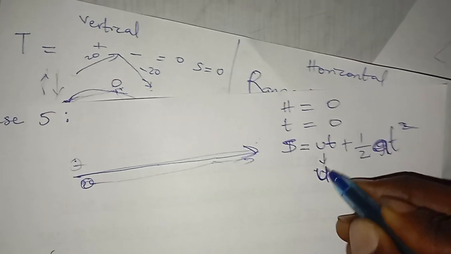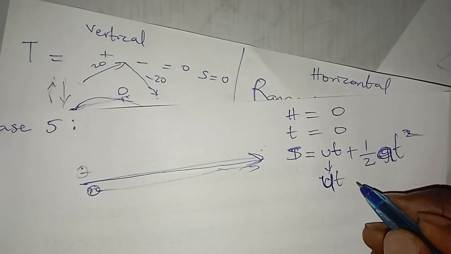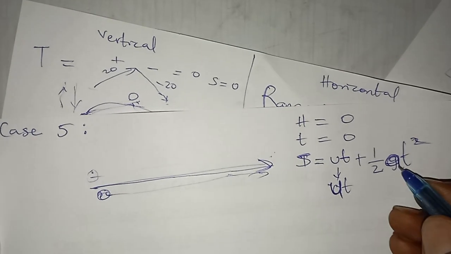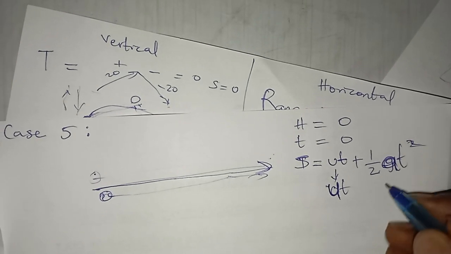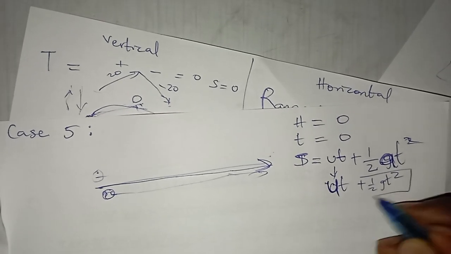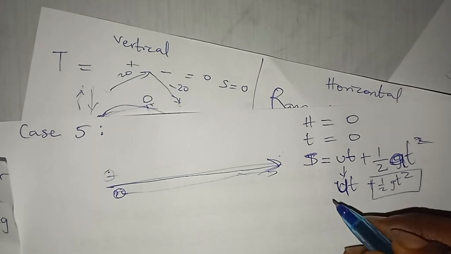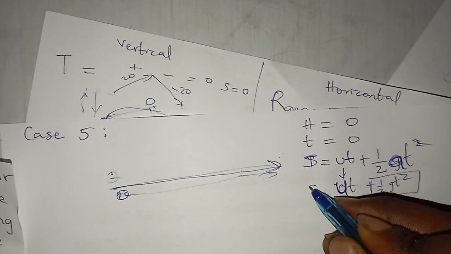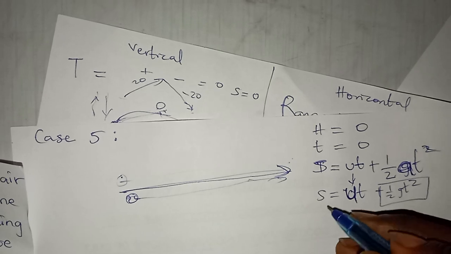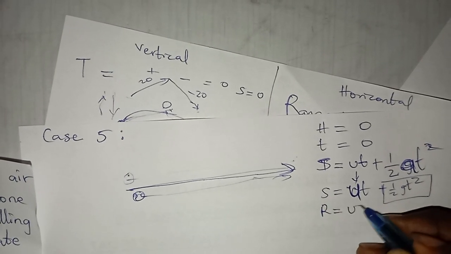So let me just call it u. Then t will be there. Since it's horizontal, there's nothing like acceleration due to gravity, no half gt square. There's nothing like gravity around the horizontal axis but friction. So S is simply equals ut. And whenever we are dealing with the horizontal axis, this S becomes R equals ut.